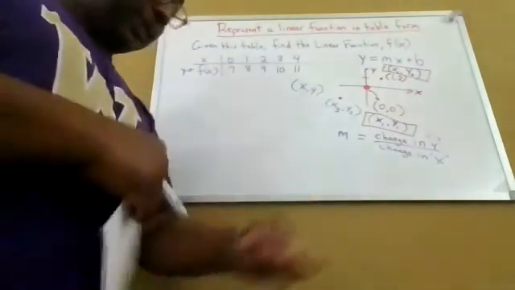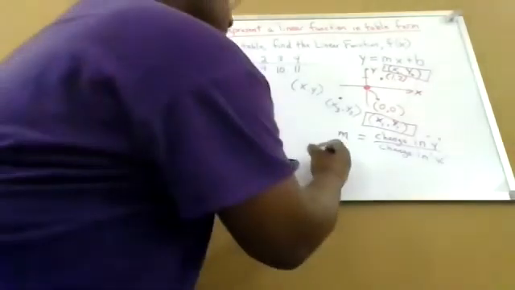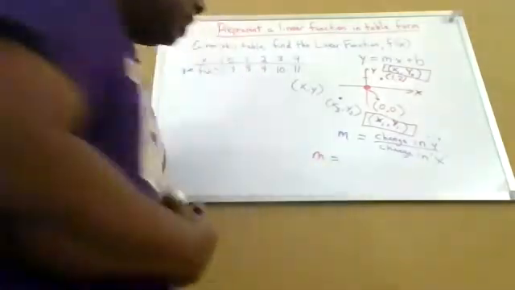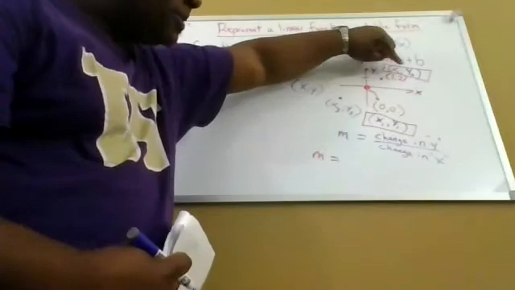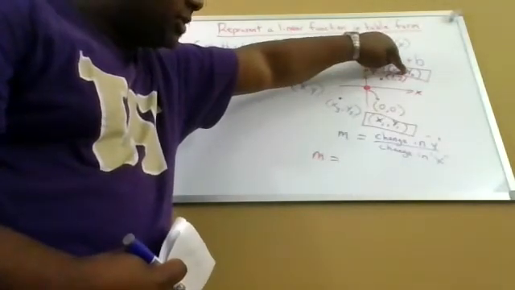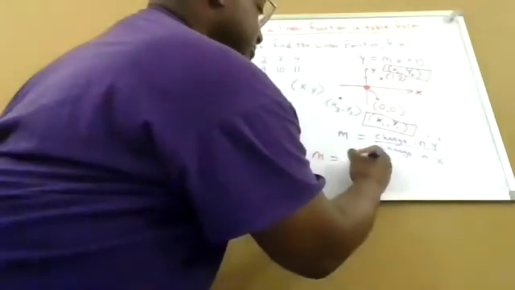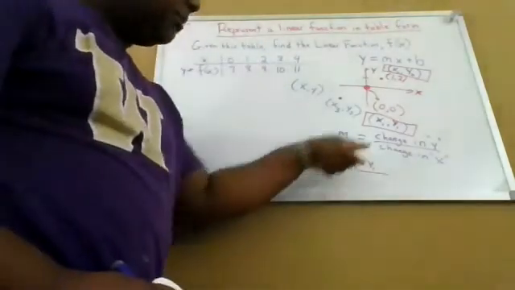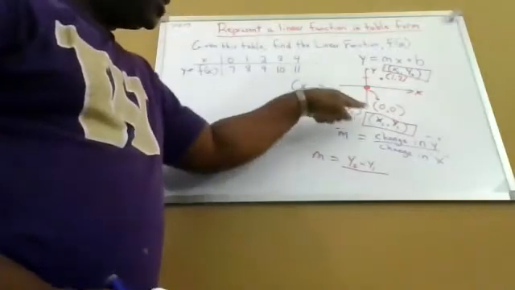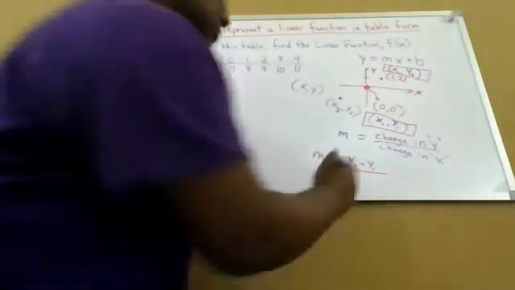So now my slope m equals my change in y. Well, that means I'm going to take the difference, y2 minus y1, over my change in x, which is x2 minus x1.